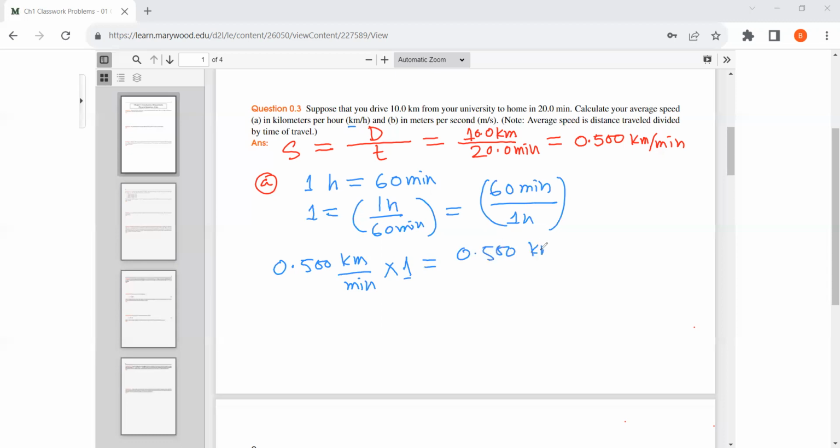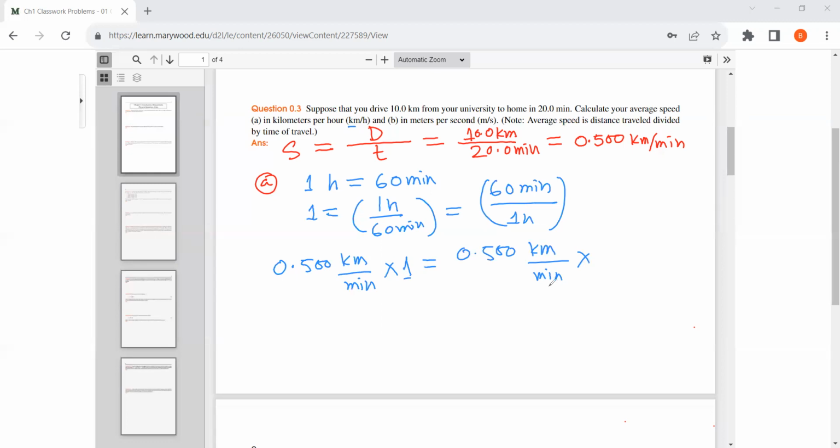Here we have to choose carefully, so that we can cancel the minute in the denominator and our result will be in kilometer per hour.